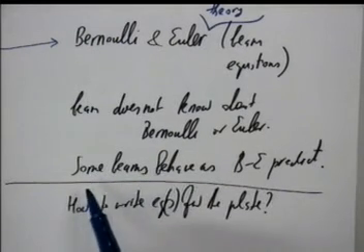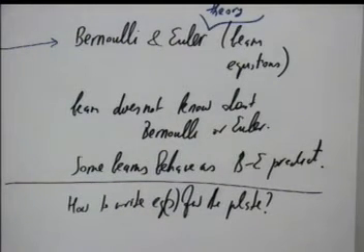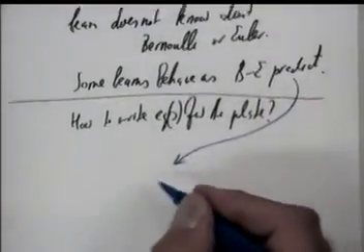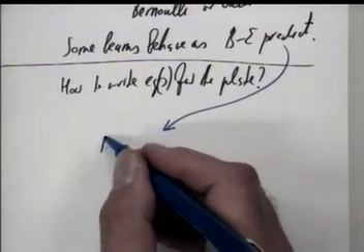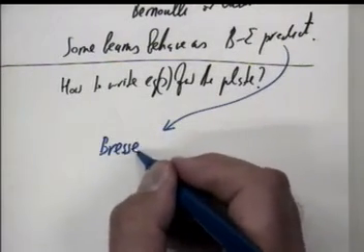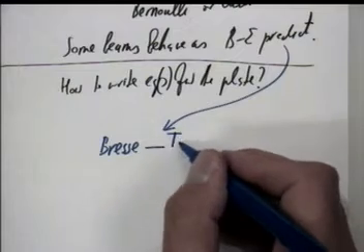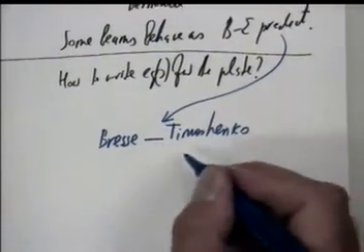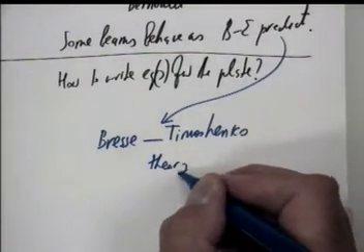So some beams behave as Bernoulli and Euler predict, but there are some beams that do not recognize Bernoulli and Euler. No, they behave differently. So there are therefore other theories like Bress. Bress is a Frenchman, Timoshenko from Russia. Yes, there is the Bress-Timoshenko theory of beams.